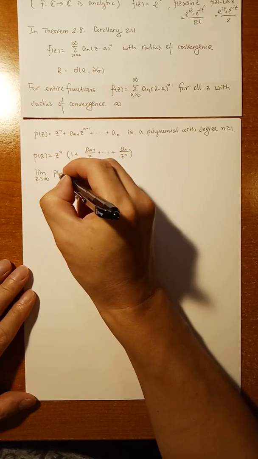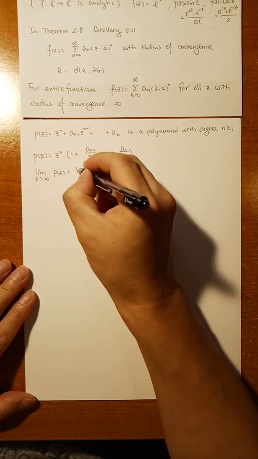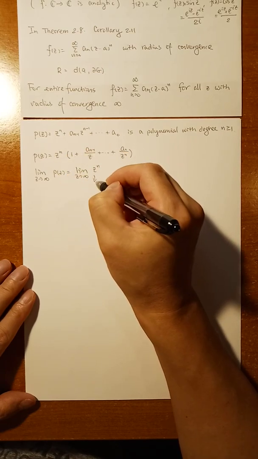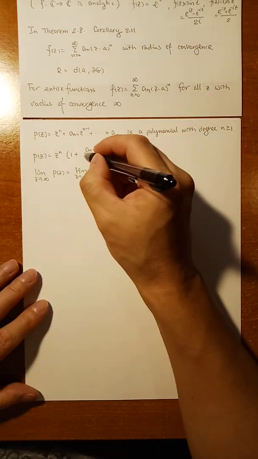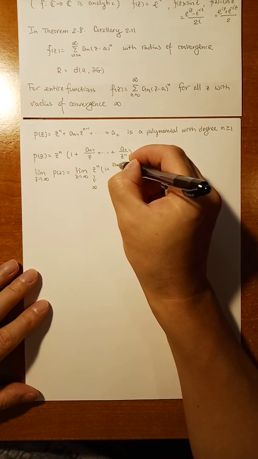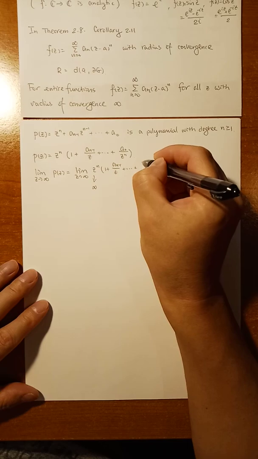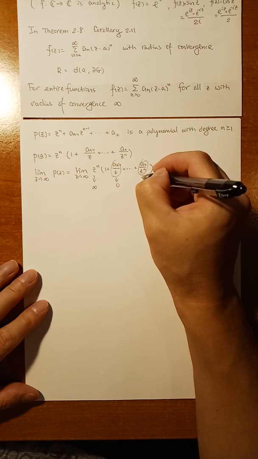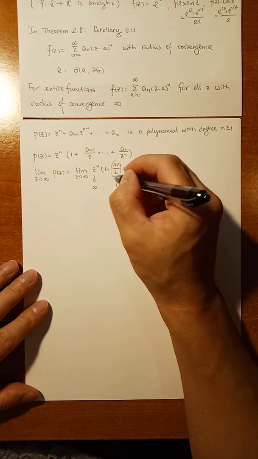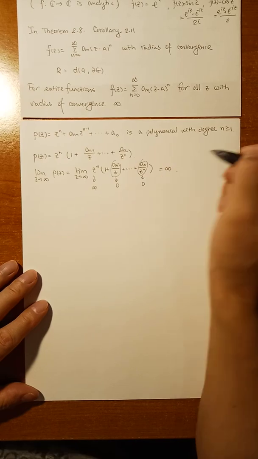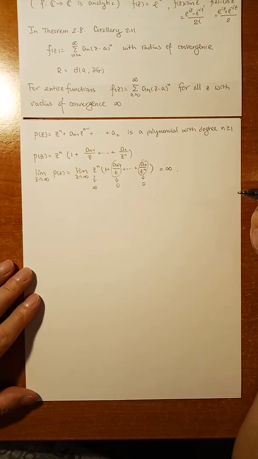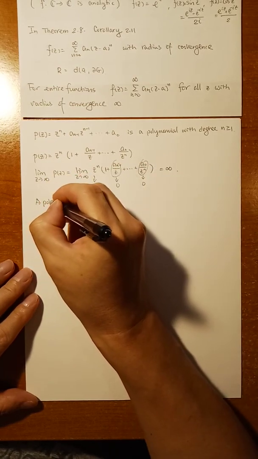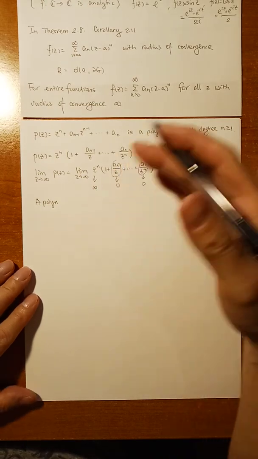When z approaches infinity, for p of z, this term, its modulus will approach infinity. All these other terms will approach 0, but the 1 stays 1. So it's infinity times 1, which is infinity. So from here we get what? A polynomial will approach infinity, so it means it's unbounded.